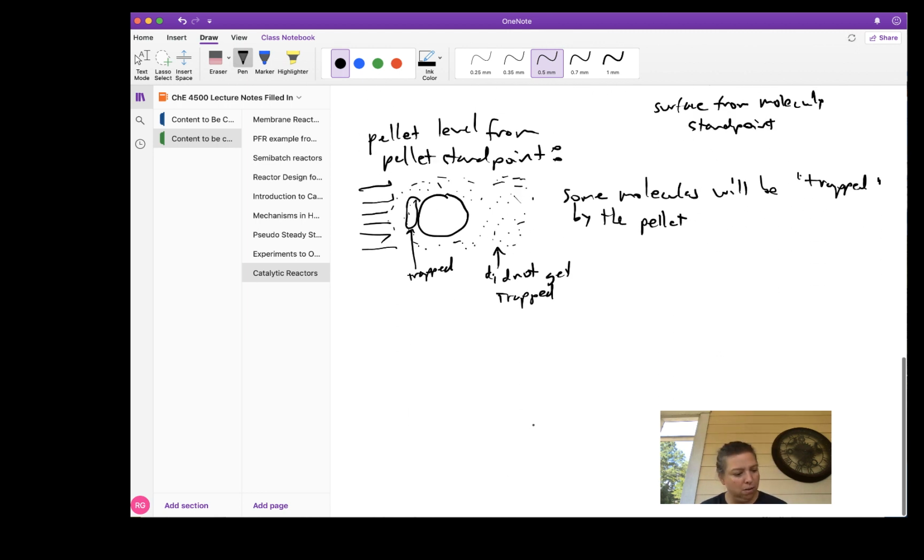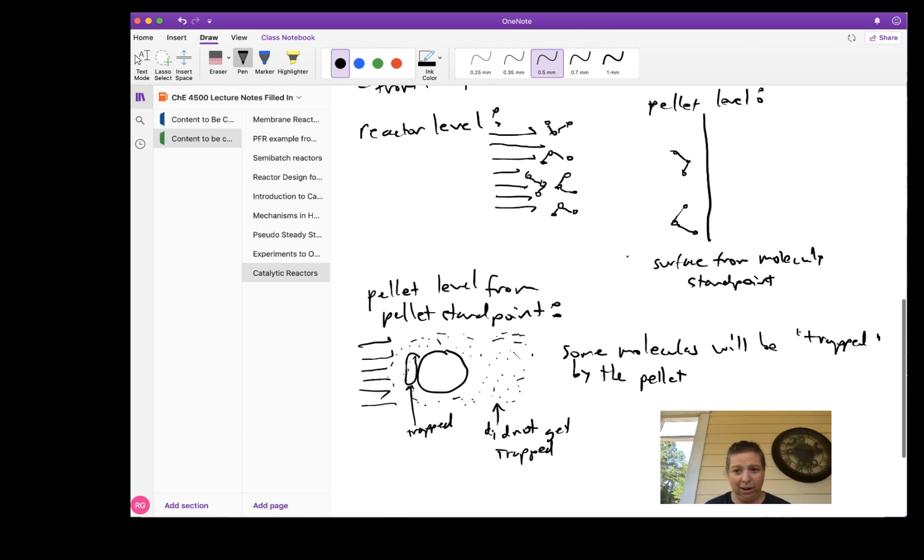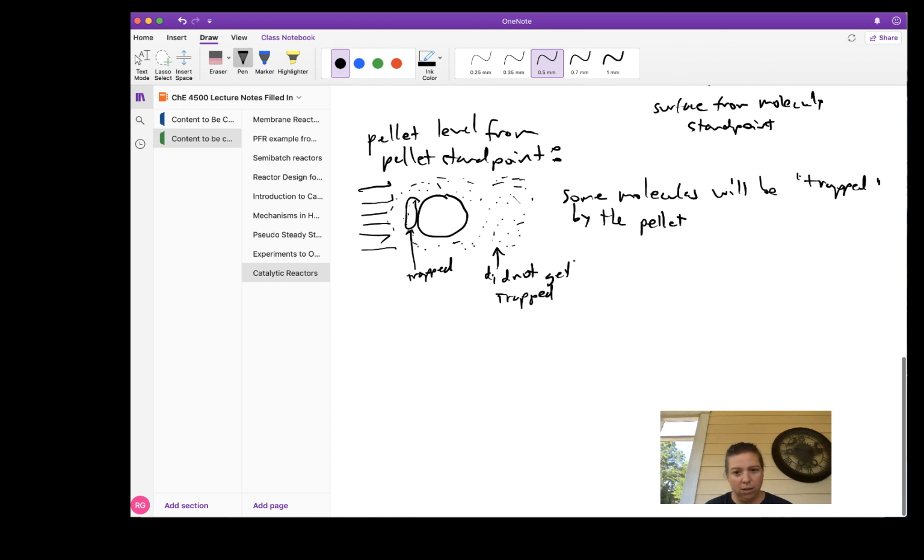So if we zoomed in here, let's go back to this diagram. If I'm a molecule that's gotten trapped, we'll say the pellet surface, I'm going to draw one pore, and I'm not going to give it too much definition. So this is one pore.